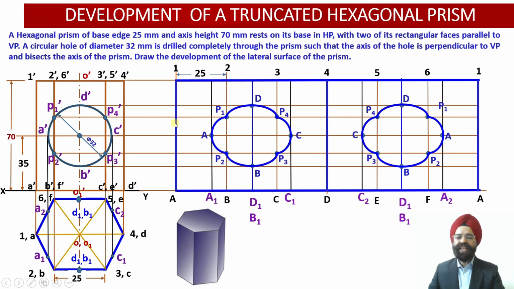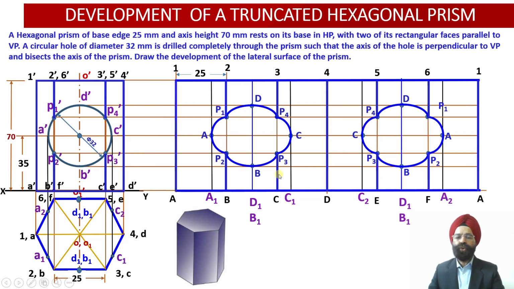So the vertical edges 1A and 4D have been left unintersected over here, and the 4 vertical edges 2B, 6F, 3C and 5E have been intersected over here. So now we can see 2B, 3C, 5E and 6F. These vertical edges have been intersected by the circular hole.